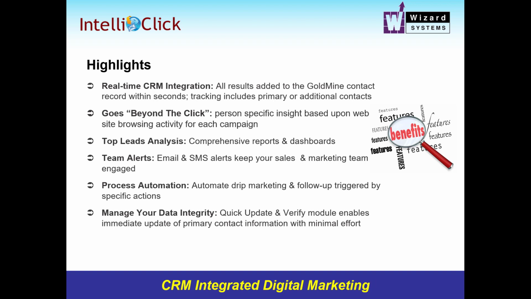But also importantly, we've determined that a lot of times the integrity of your data, how good the information is, is going to have a bearing on the outcome and results of your campaigns. So we did introduce ways to maintain the integrity of your data by things like our quick update module, which allows you to go out to your recipients and ask them to confirm if information you have is correct.